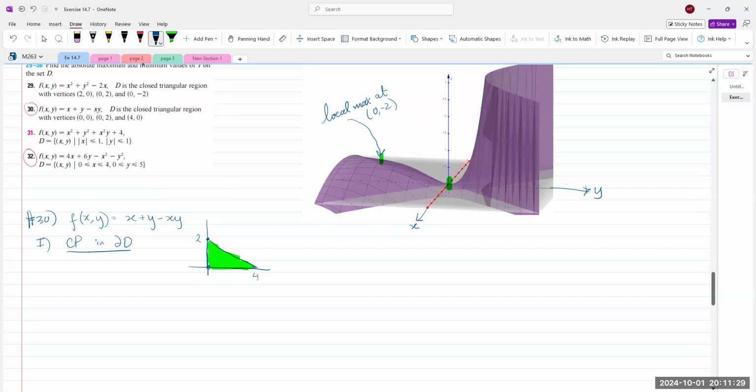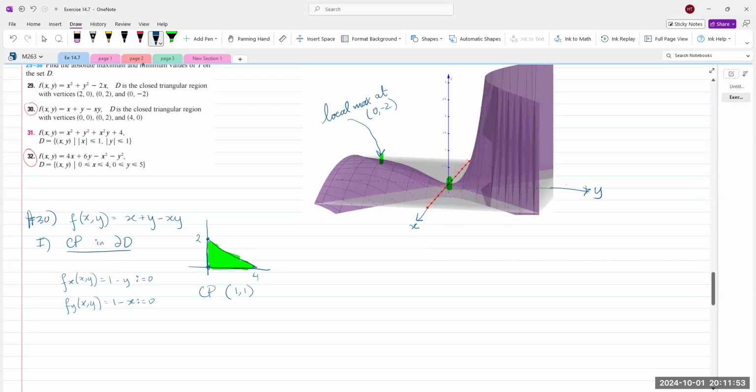Let's do it. So f sub x of (x,y) equals 1 minus y. f sub y of (x,y) is 1 minus x. Set them equal to 0. So we get the critical point 1, 1, right?